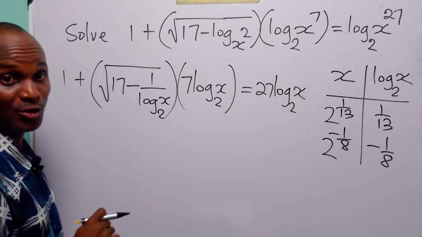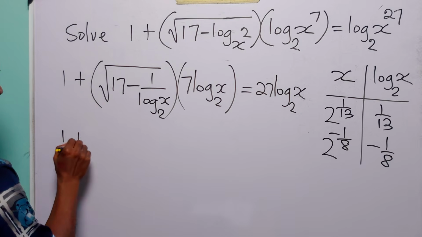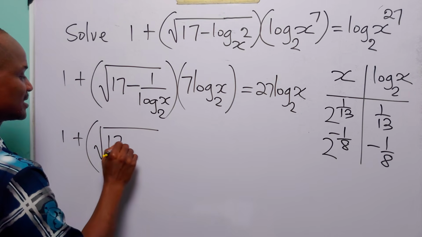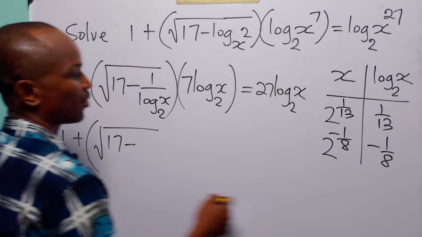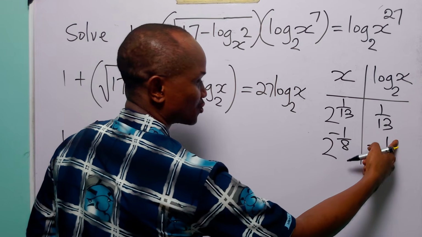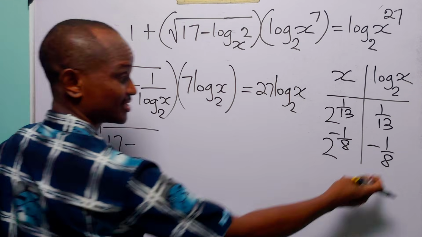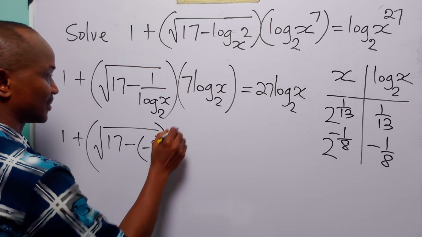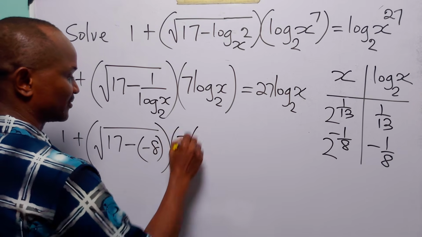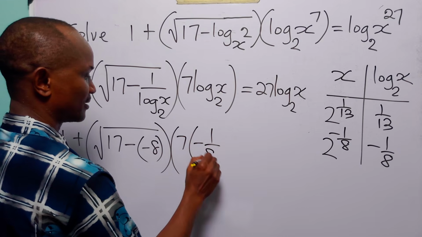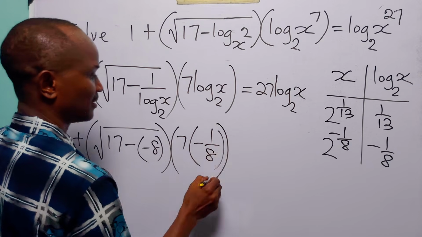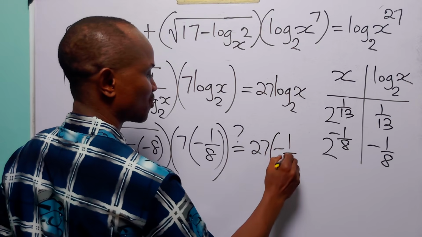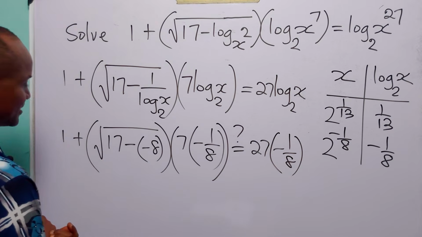And for the second value of x, we have 1 plus the square root of 17 minus. Now, 1 over minus 1 over 8, once more, is the reciprocal of this. That is minus 8. We have 7 times minus 1 over 8. And is this equal to 27 times minus 1 over 8?